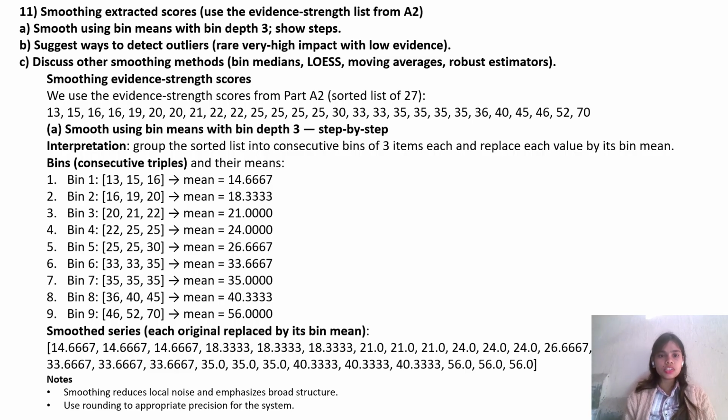Bin consecutive triplets and their means. Bin 1: 13, 15, 16, mean equals 14.667. Bin 2: 16, 19, 20, mean equals 18.33. Bin 3: 20, 21, 22, mean equals 21. Bin 4: 20.